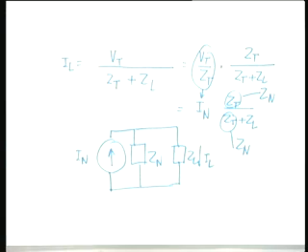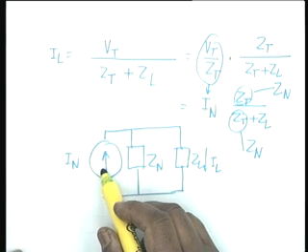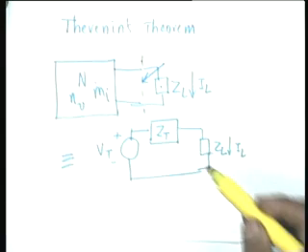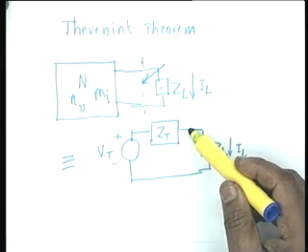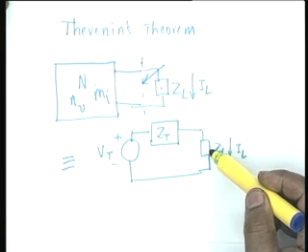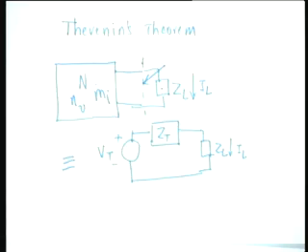Norton's theorem says that as far as the load current is concerned, the network can be replaced by a current generator whose current I N is equal to V T by Z T, and if you look at this equivalent circuit, V T by Z T is the current obtained here when Z L is equal to 0, that is the short circuit current.